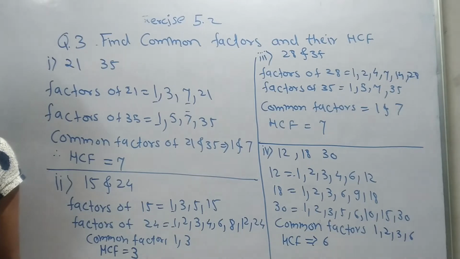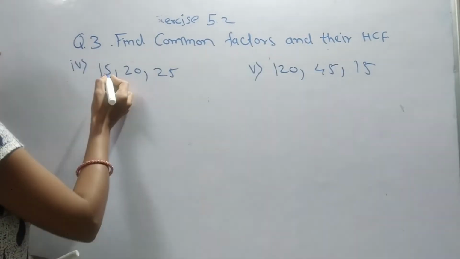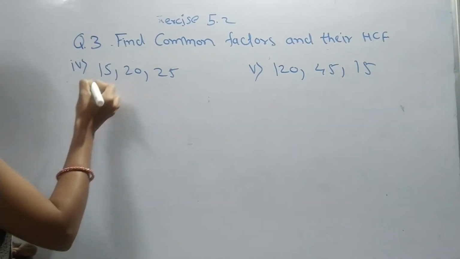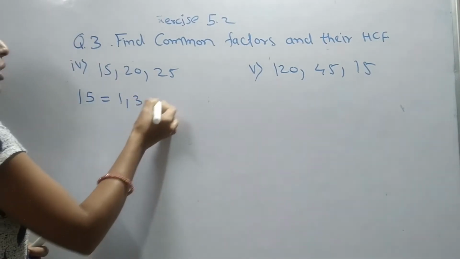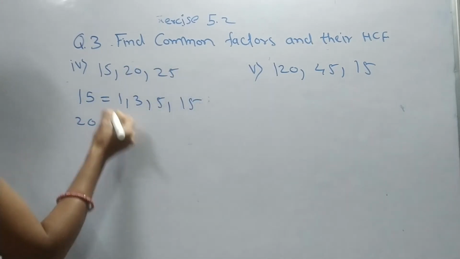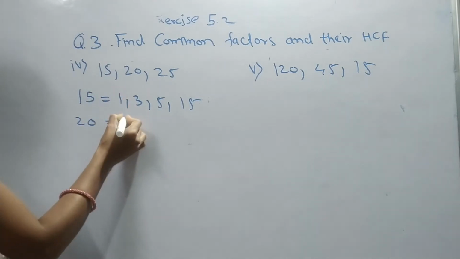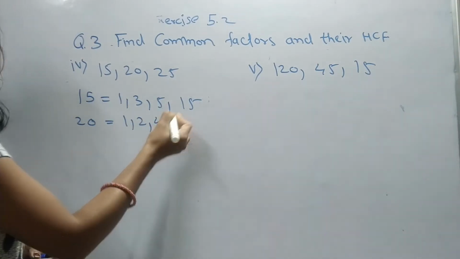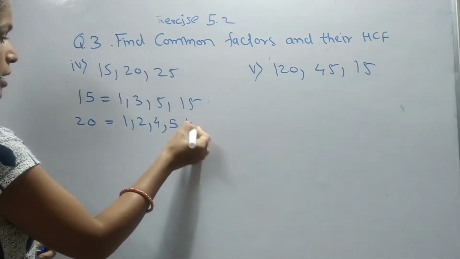Okay. Now next, let's find the factors of 15, 20, and 25. The factors of 15 are 1, 3, 5, and 15. Factors of 20 are 1, 2, 4, 5, 10, and 20.